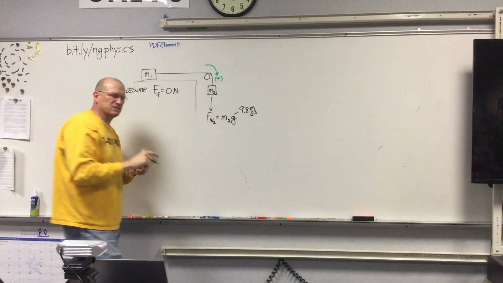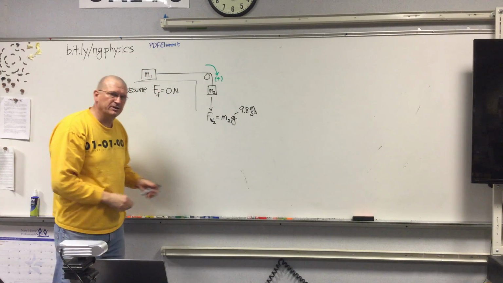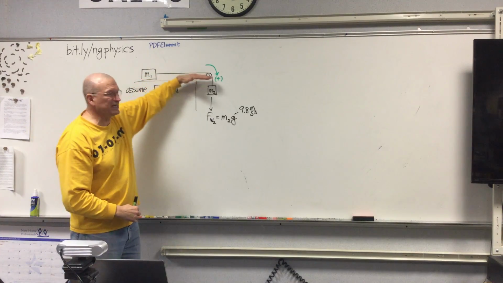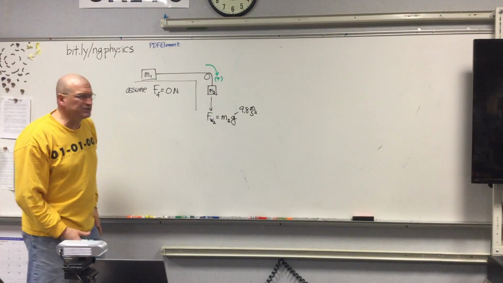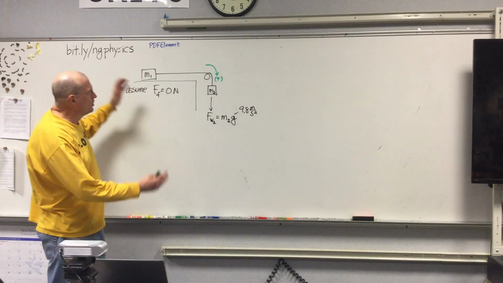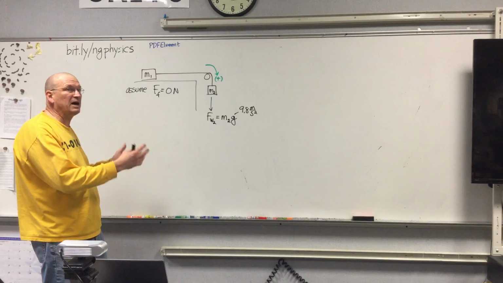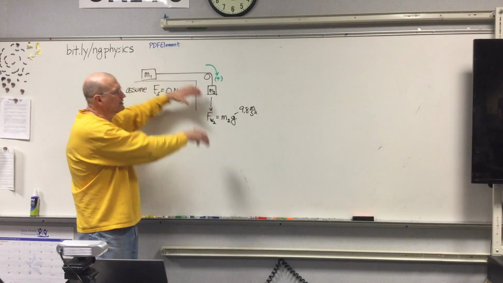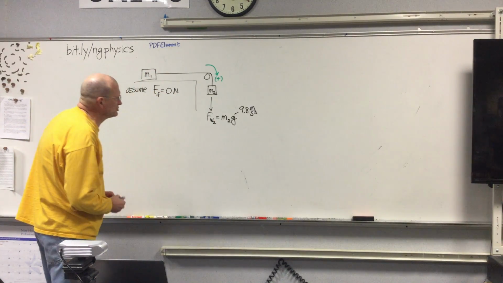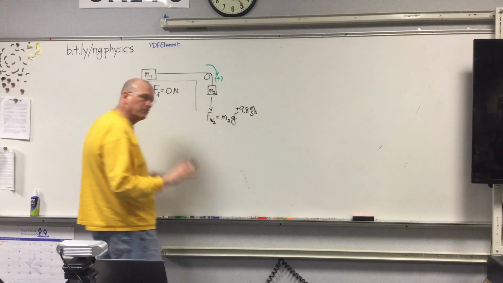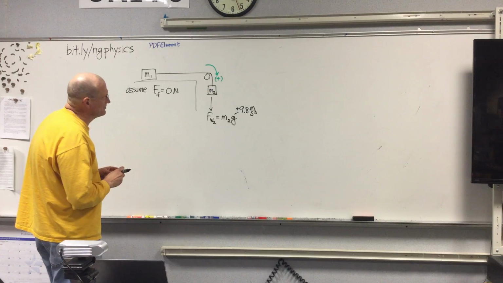Everything is going to move in a positive direction, because this one moving down will be considered positive as this gets pulled to the right, because they do have to move together. So fortunately, we're not going to have to play this which way is positive, negative game. Everything is going to be just moving in a positive direction here. And so that's why our 9.8 will be considered a positive 9.8.